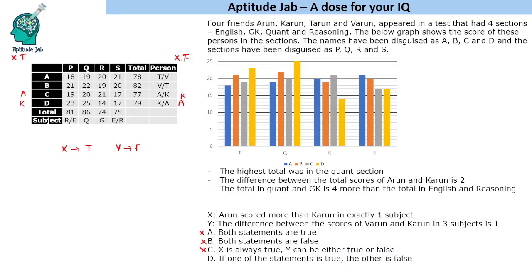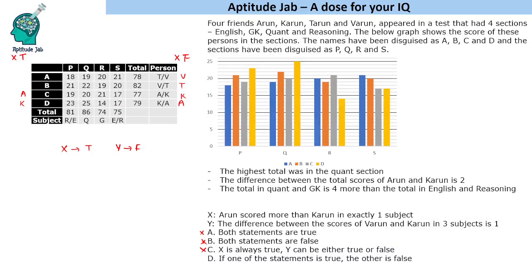Now if I take X as false, let us see what happens. If X is false, then we have this is Karun, this is Arun. Y says the difference between the scores of Varun and Karun in three subjects is 1. Okay, so this is Karun, and if I take the difference 1, 1, 1, there are three subjects. That means this person must be Varun.